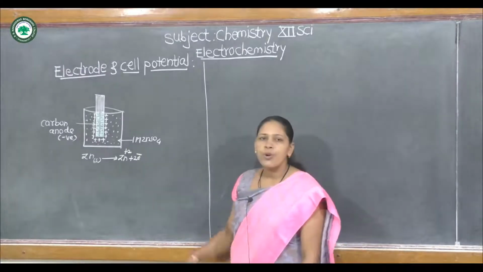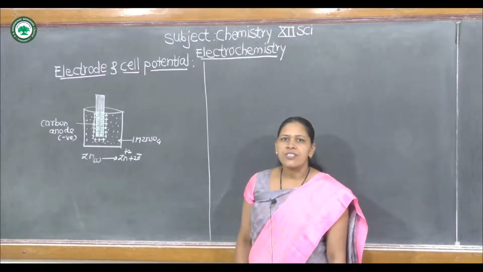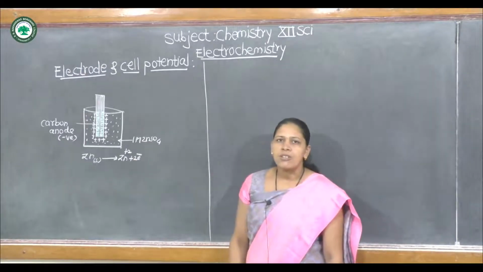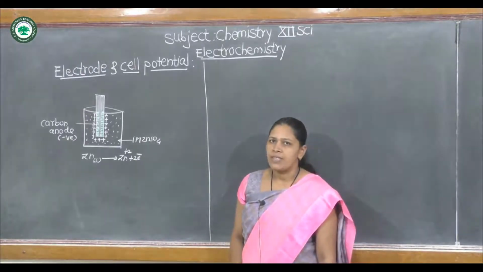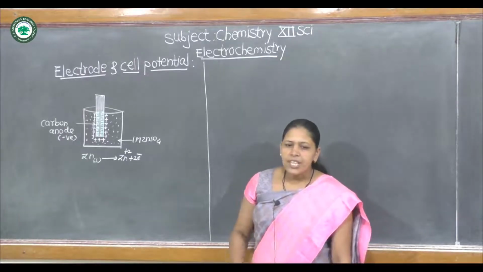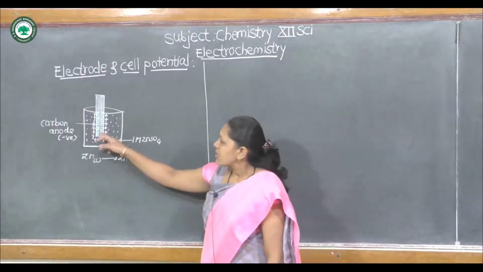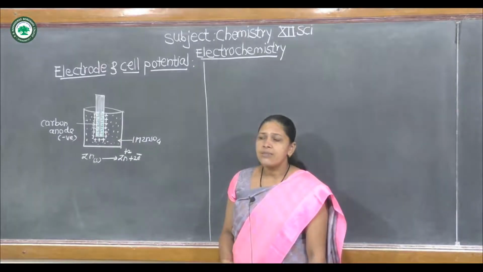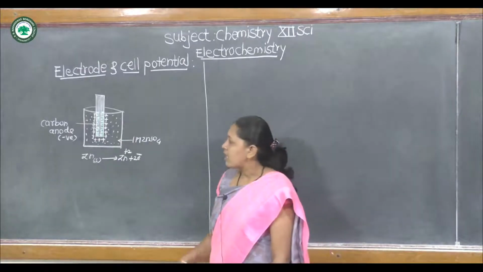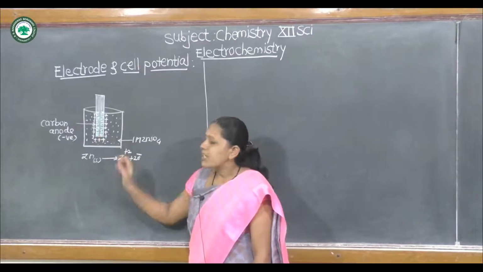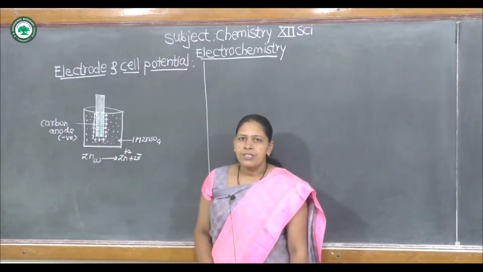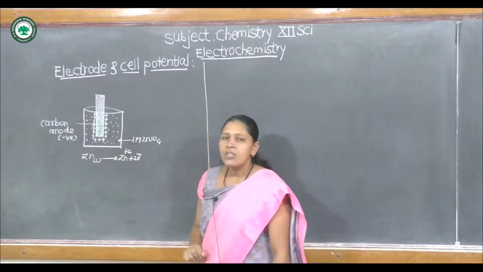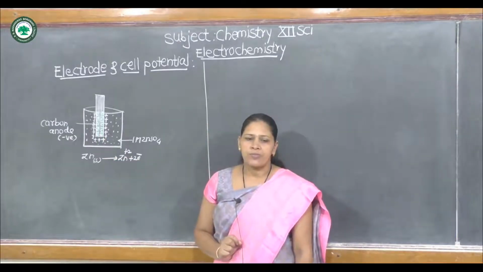Obviously, on the anode an oxidation reaction takes place by loss of 2 electrons by zinc. If this zinc electrode undergoes oxidation by loss of electrons, then there will be development of a difference between the solid electrode and its solution.